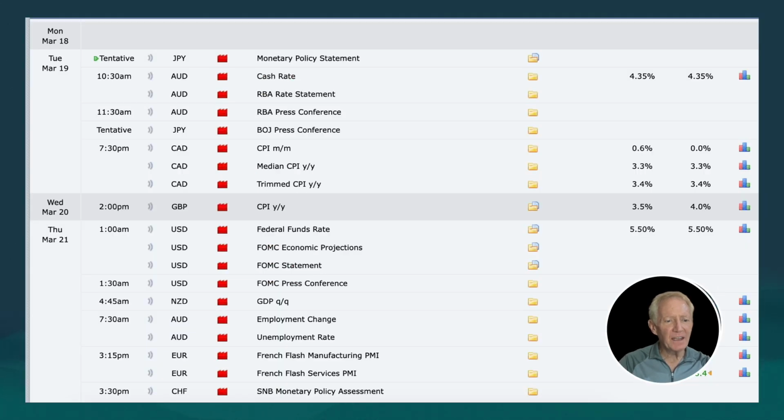Basically what it's about is that most of the central banks around the world, Australia, Bank of England, the Federal Reserve in the US, the Swiss bank, they're all going to either announce that they're raising the interest rate or lowering the interest rate, or going to make no change in the interest rate. And whatever their decision will be, that's still going to cause a lot of volatility in their currencies.